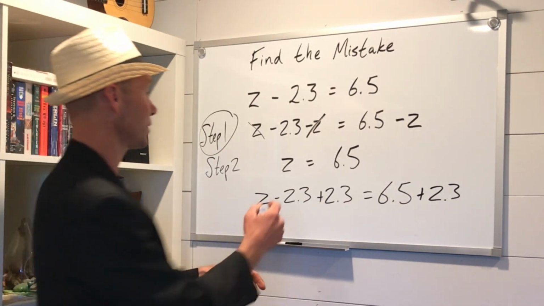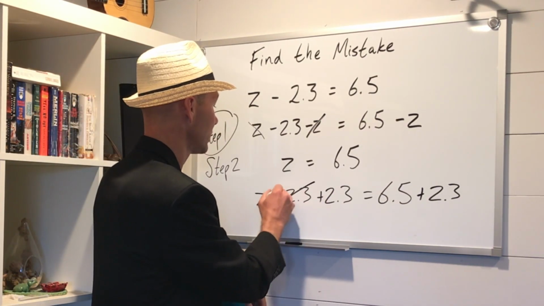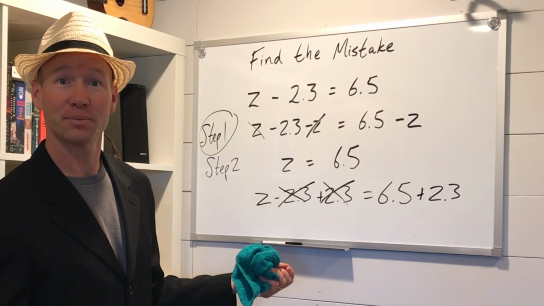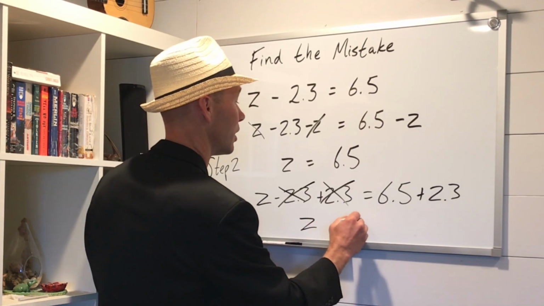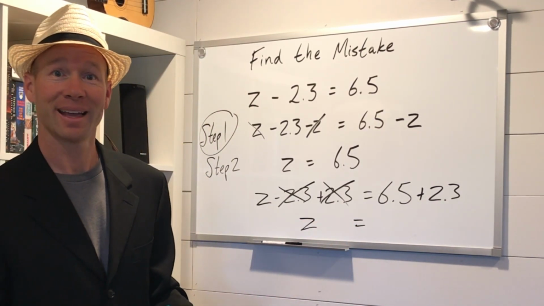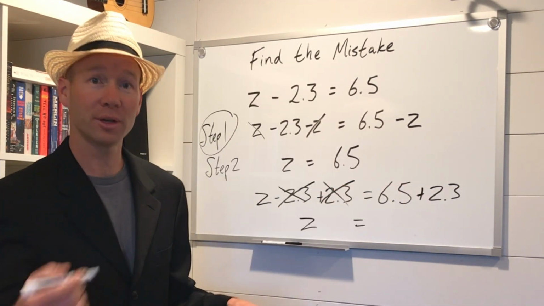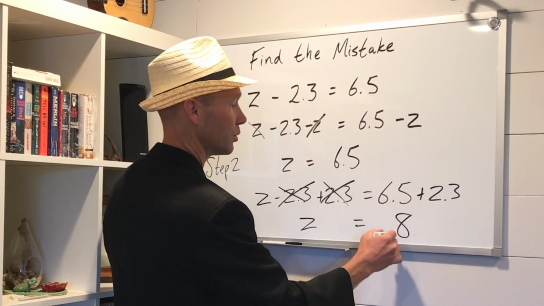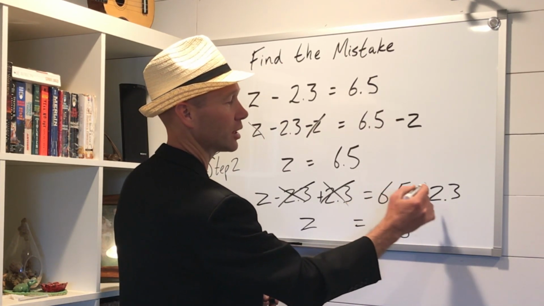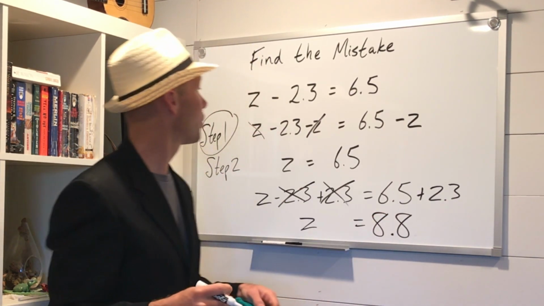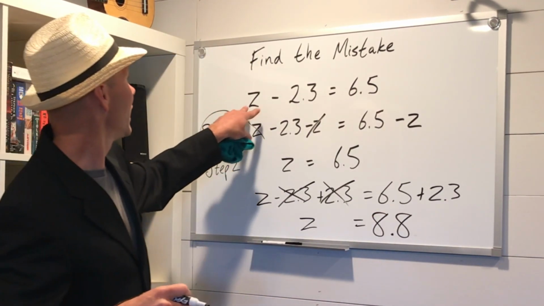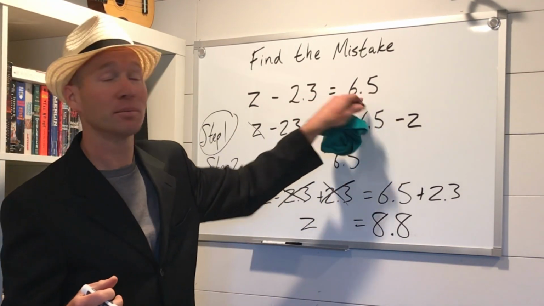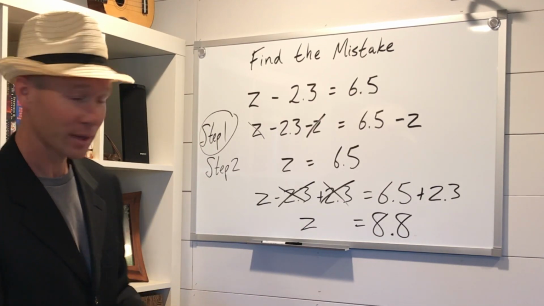If we add to both sides, this negative 2.3 cancels the positive 2.3. They both cancel each other out. So we are left with z on this side of the equation. And 6.5 plus 2.3 is, well, 0.3 and 0.5 is 0.8. And we keep our decimal, and 6 plus 2 is 8. 8.8. We can check that out. 8.8 minus 2.3 does equal 6.5. Got our work there.